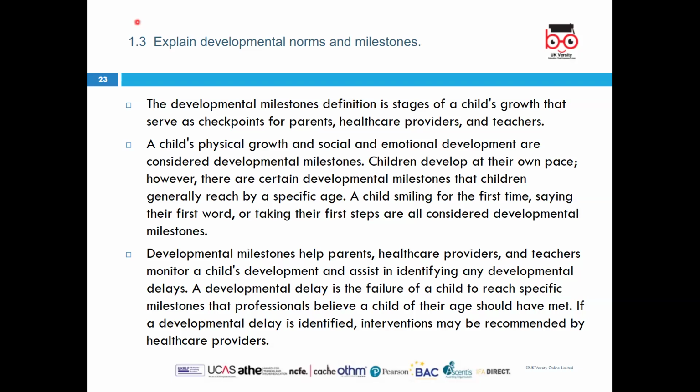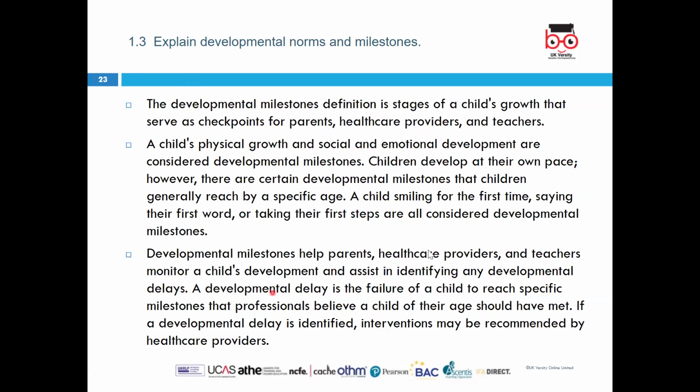There are certain developmental milestones that we need to know about, so that we know if the child is going in the right direction or is going below what is expected. Children generally reach these by a specific age. A child smiling for the first time, saying their first word, or taking their first steps are all considered developmental milestones.